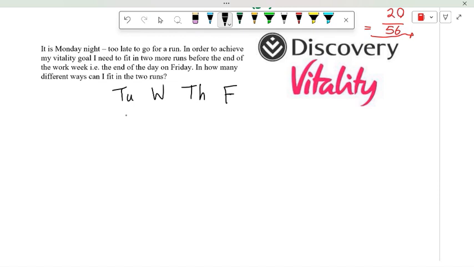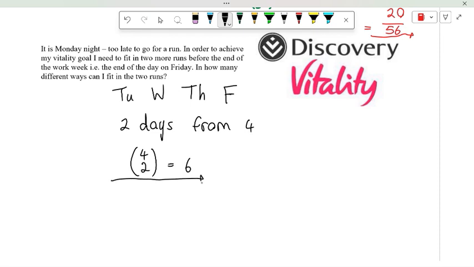I can't do 2 runs on a day. Right. So basically what I'm trying to choose here is 2 days from 4 on which to do my 2 runs. And that can be done in 4 choose 2, which is 6 different ways. Okay, so there's 6 different ways I can satisfy and get my vitality goal for the week.